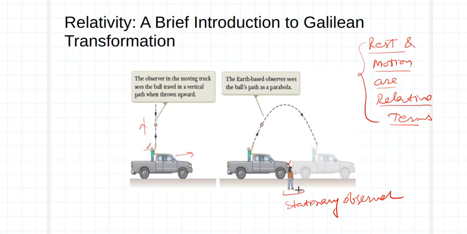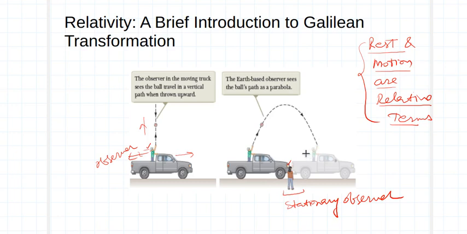Now in this case, this is the observer, means the observer is moving with the same velocity with which the ball is moving. That means the ball is not moving a horizontal distance, but for a person who is on the earth or at some place on the earth and is stationary, it seems that the ball is following a parabolic path.